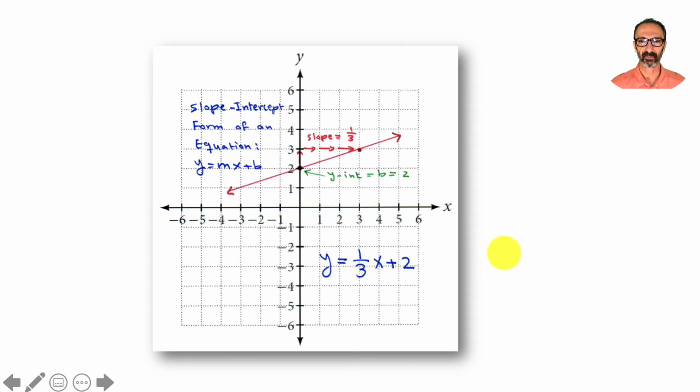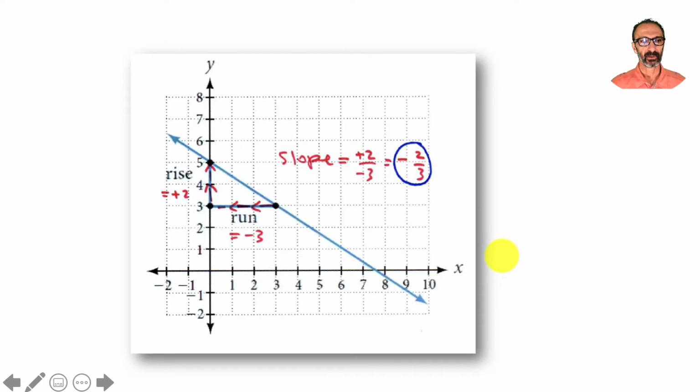Let's take another example. This graph shows that I'm going left 3, negative 3, and up 2, and the slope is positive 2 over negative 3, simplifies to negative 1/3.